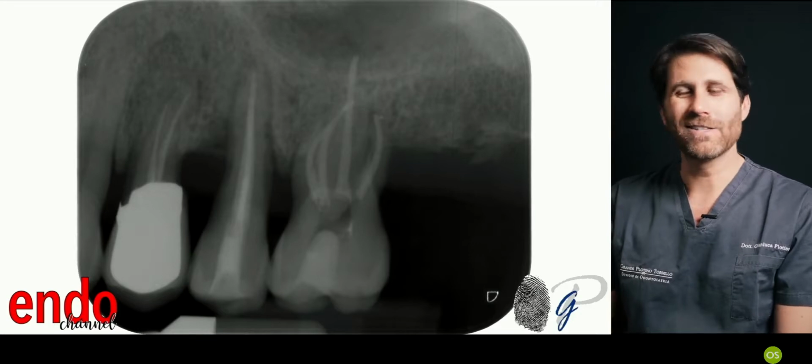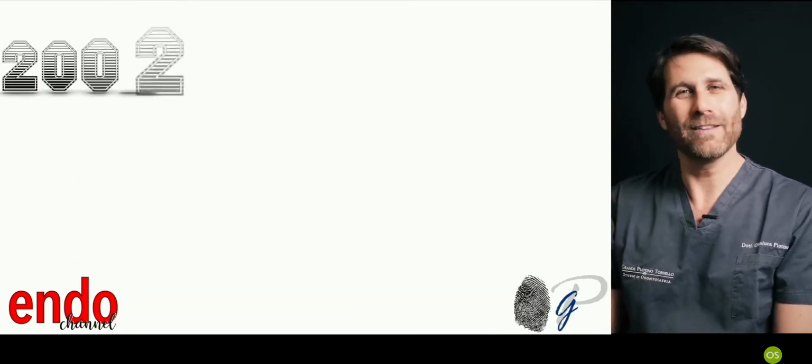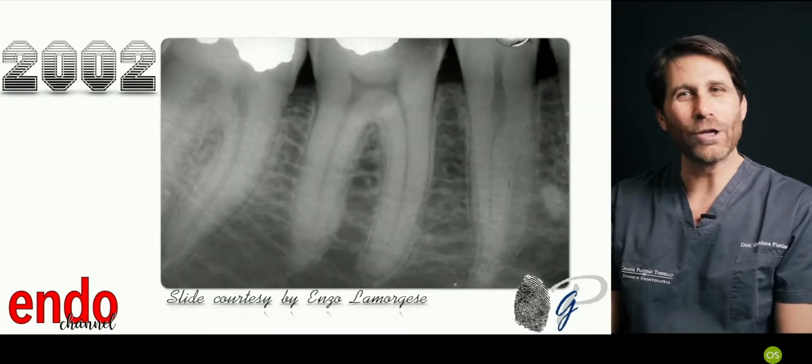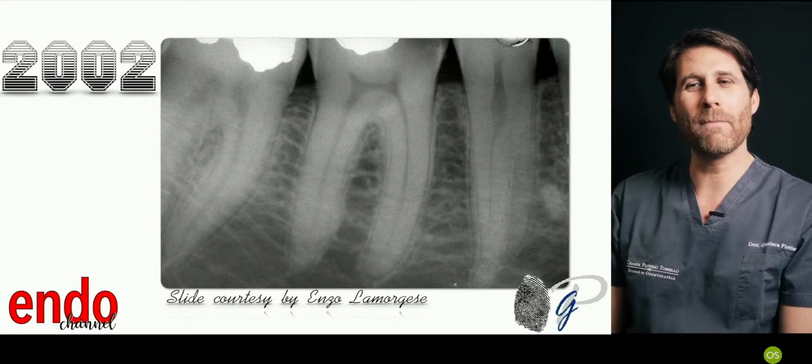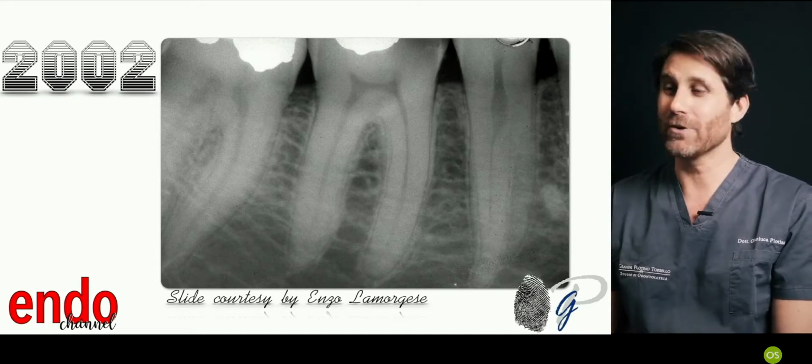But to underline this concept, I have to go back to 2002, when I was graduating in dentistry at the Catholic University of Rome, and this slide is a courtesy of one of my mentors, Enzo Lamorgese.